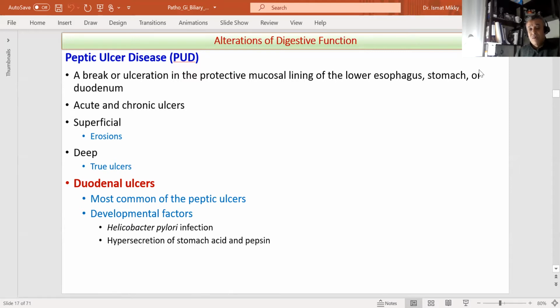So it will decrease the mucosal synthesis of the protective prostaglandin that will protect these linings or the mucosa. So the drug will inhibit the prostaglandin synthesis, which is protective for the stomach or the mucosa of the stomach.